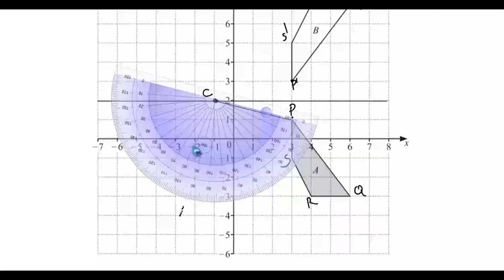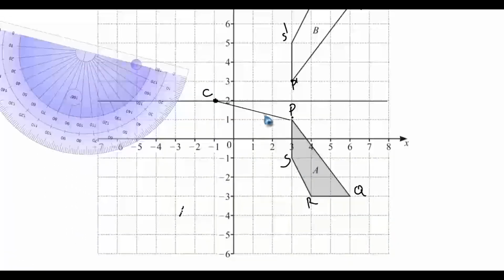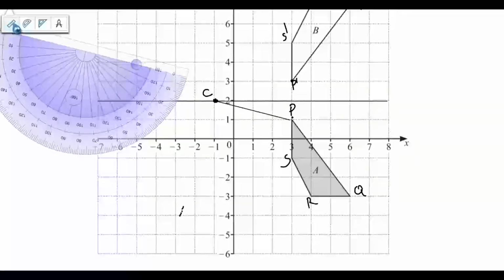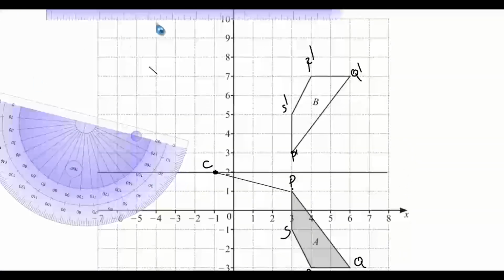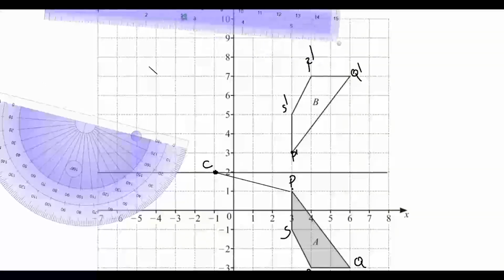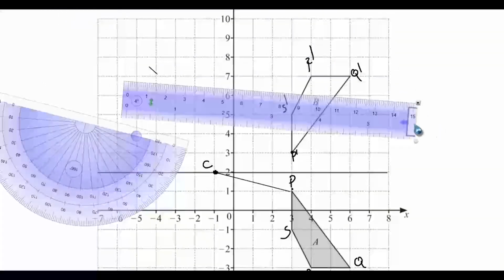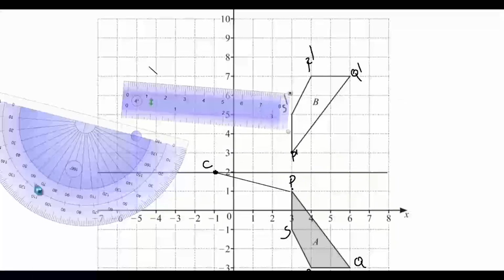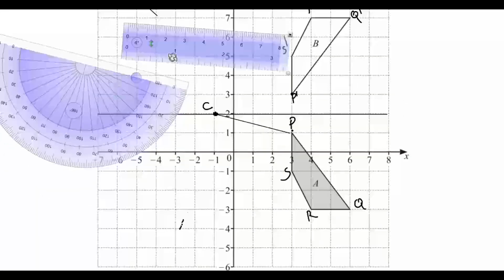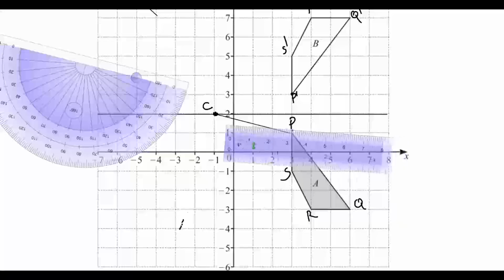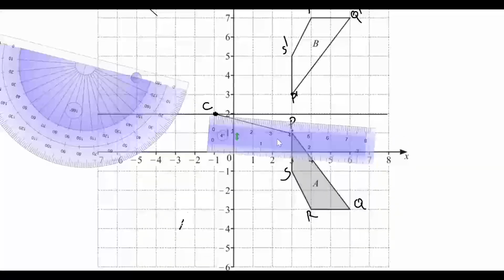But we need to know the length of PC, or that is the length of P from the center of rotation. So you may want to use your ruler. Let's pick the ruler. It should be up here. I can reduce it, since the sides are very small. So let's measure the distance from the center of rotation to point P. Let's adjust this a little bit.